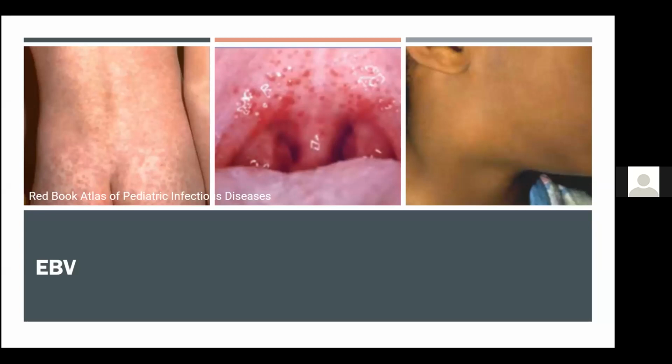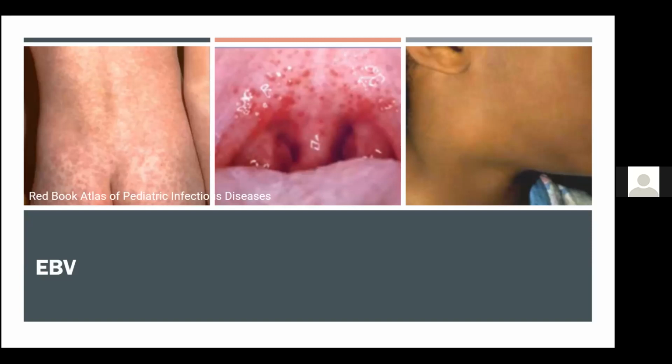And infectious mononucleosis is the most common presentation of EBV. It typically manifests as fever, pharyngitis with petechiae, exudative pharyngitis, lymphadenopathy, hepatosplenomegaly, and atypical lymphocytosis. The spectrum of disease is very wide.